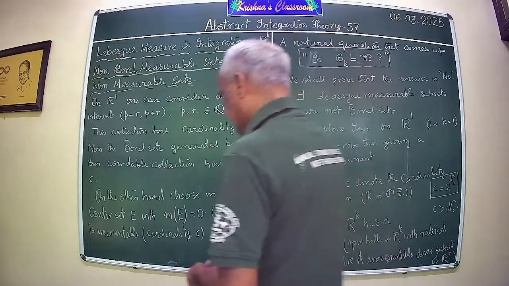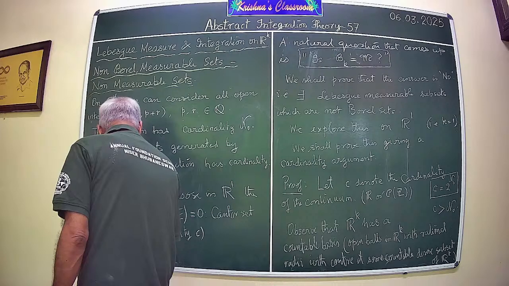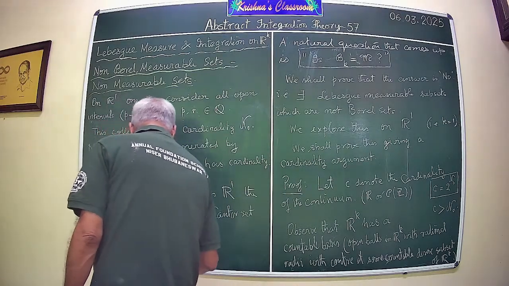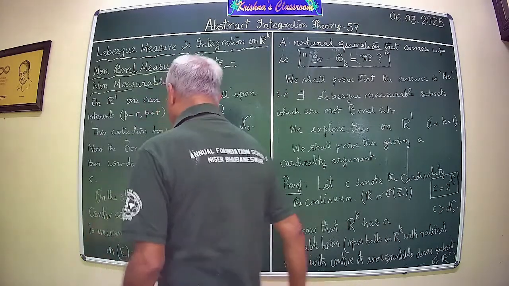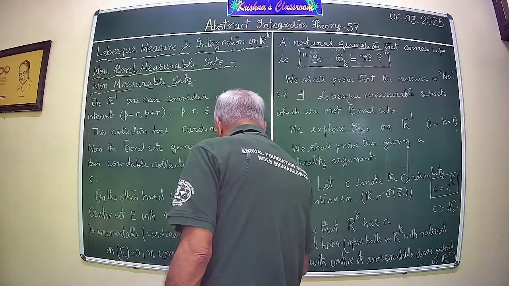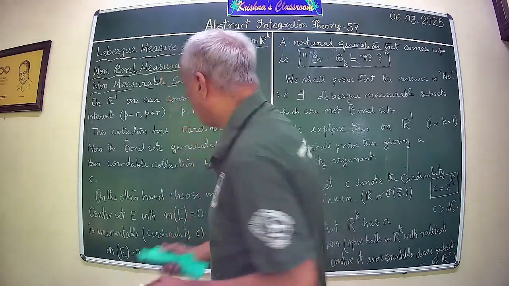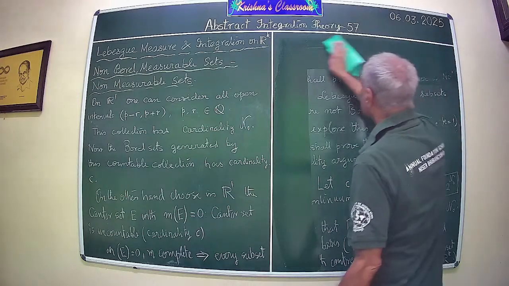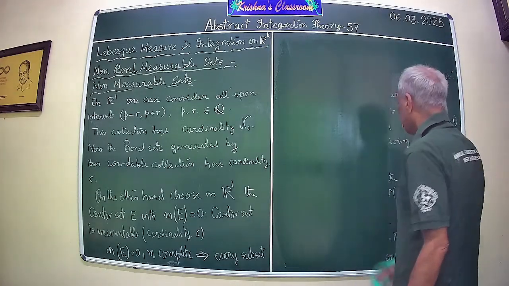Now you see that M is complete, measure equal to 0. M complete implies every subset of E with measure 0 is measurable.